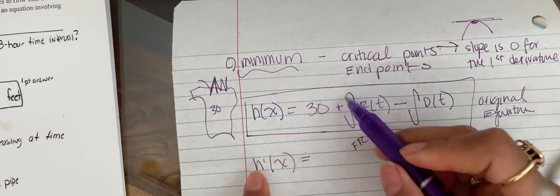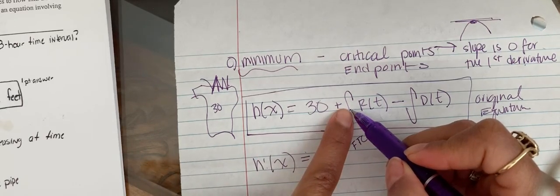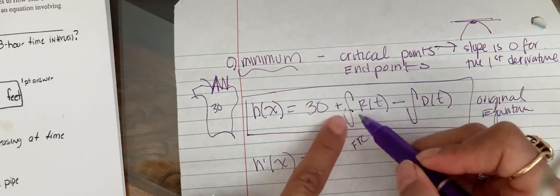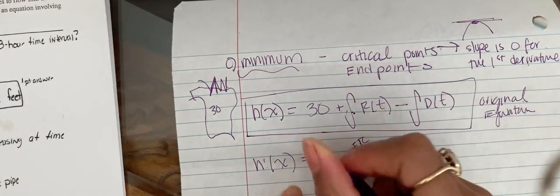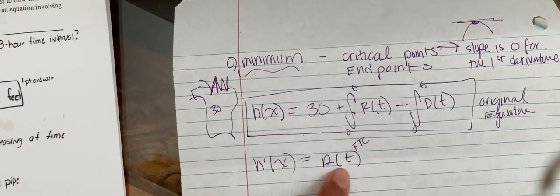So if I take the integral and I'm taking the derivative of it, it's like multiplication undoing division. These are going to undo each other. So right here, this is just going to leave you with R of t. So you could, if you wanted to, say from 0 to t. So it's like substituting back in that t. So we're left with R of t.